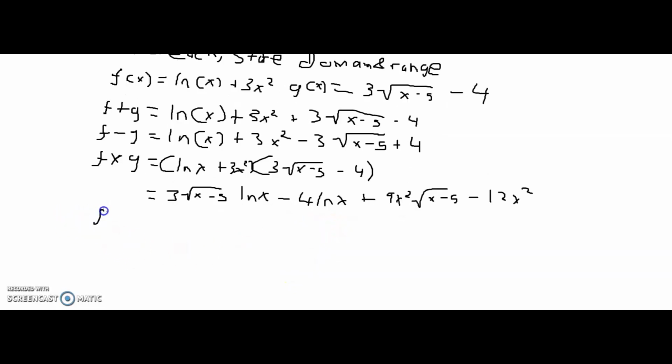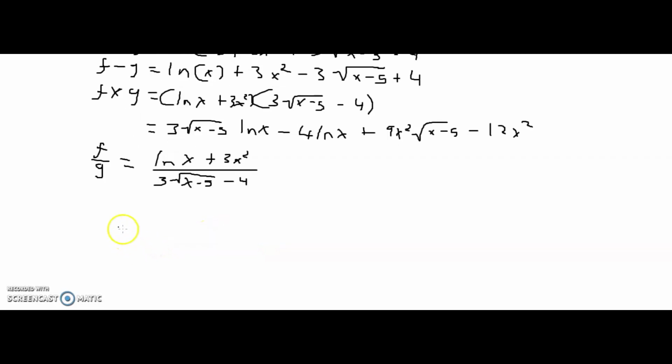And then for f over g, I would get natural log of x plus 3x squared divided by 3 times the square root of x minus 5, and then minus 4. And now for the compositions. So first we have f composed with g.